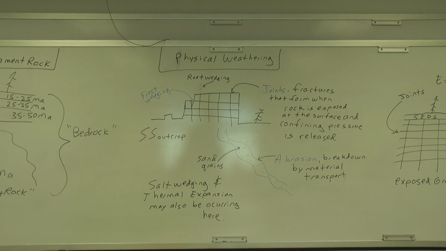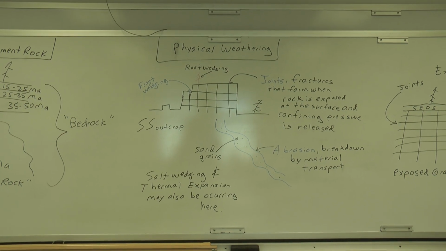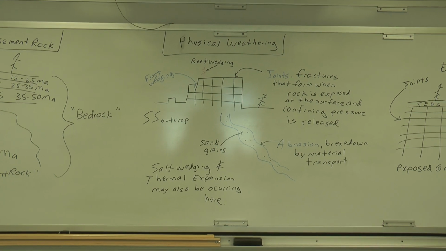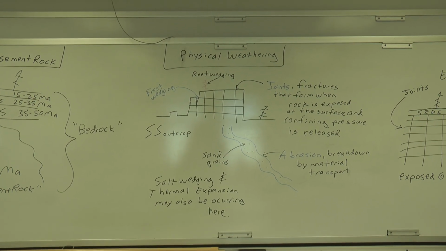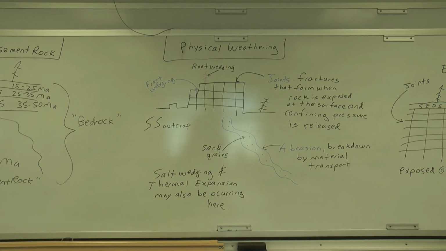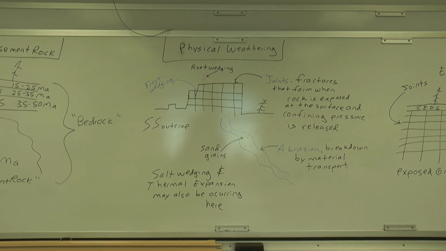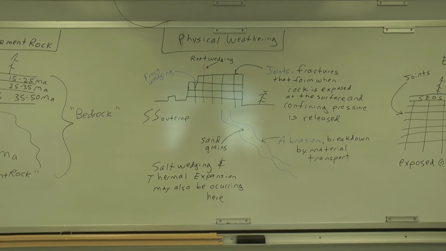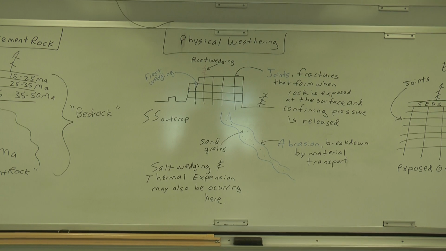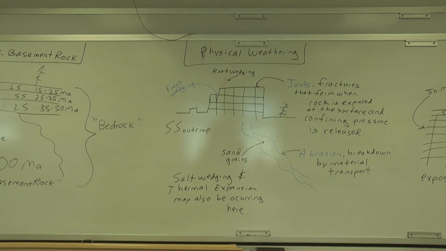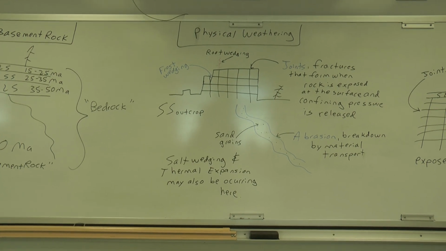So oxidation is occurring, dissolution or the dissolving of minerals is occurring, hydrolysis, by which groundwater forming a weak carbonic acid will help to turn some silicate minerals like feldspars into clay minerals. All those types of chemical weathering are also occurring here. It's just a given that they're occurring here. We're not going to try to draw them. They're on a much smaller scale.